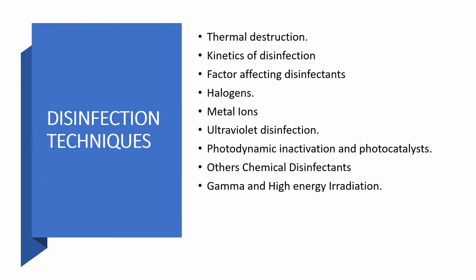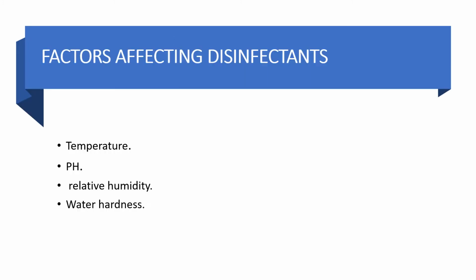There exist several methods used for disinfection, such as thermal destruction, kinetics of disinfection, gamma and high energy irradiation, ultraviolet disinfection, photodynamic inactivation and photocatalysis, halogens, metal ions, and other chemical disinfectants.